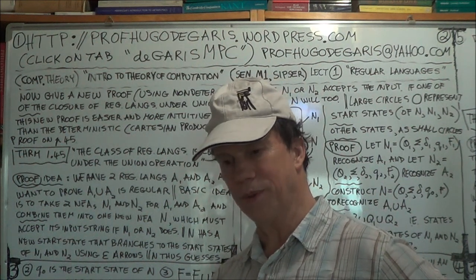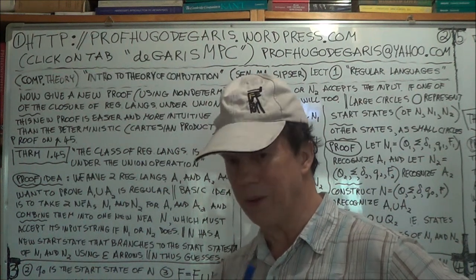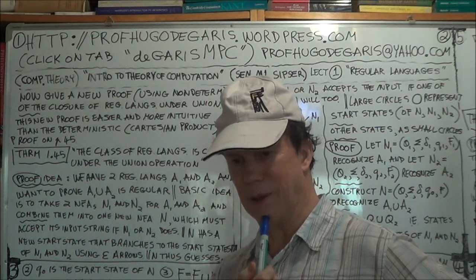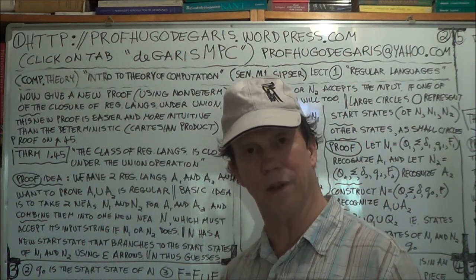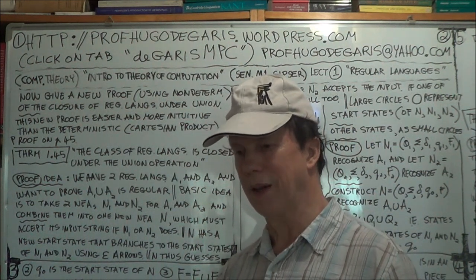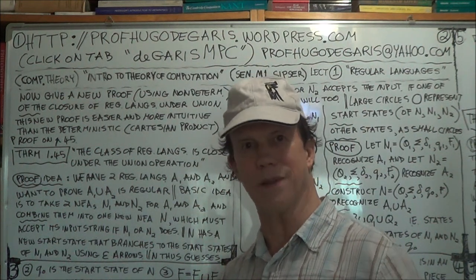Now we have those tools, and we can actually use them and complete that second proof, and we'll go on then to use NFAs to do the third proof on star. And then after that we'll start talking about regular expressions.